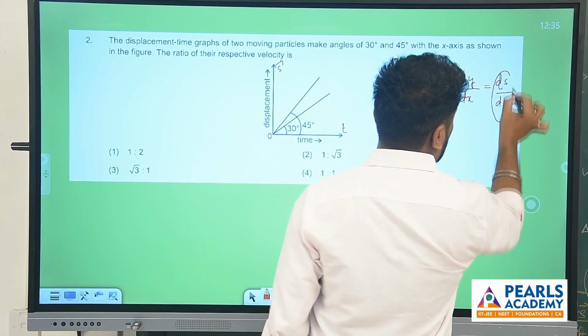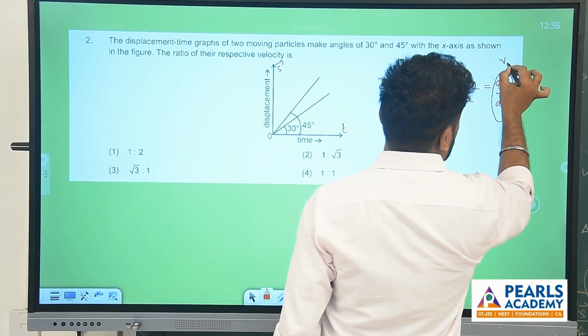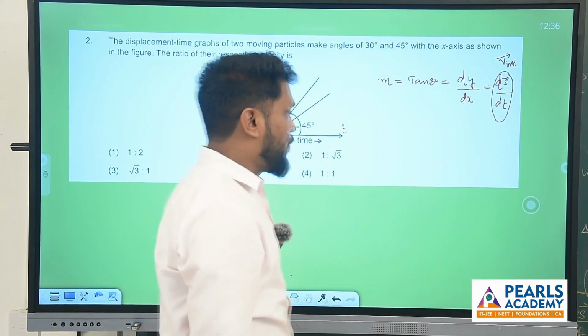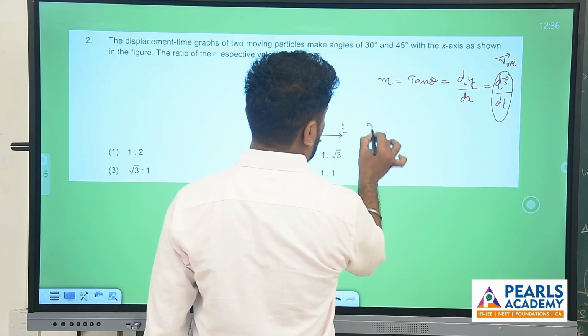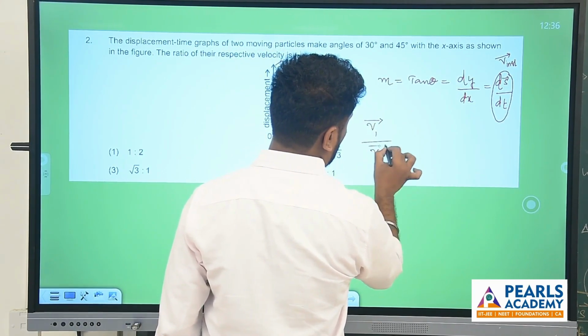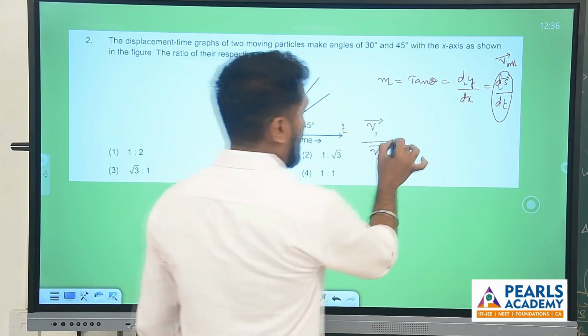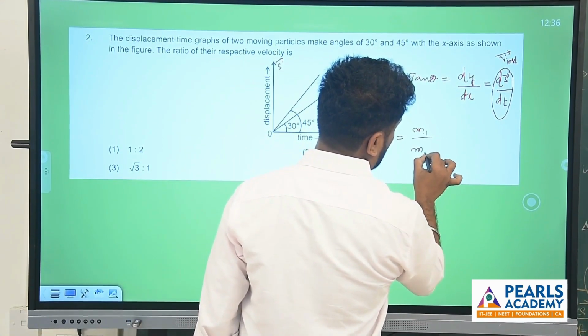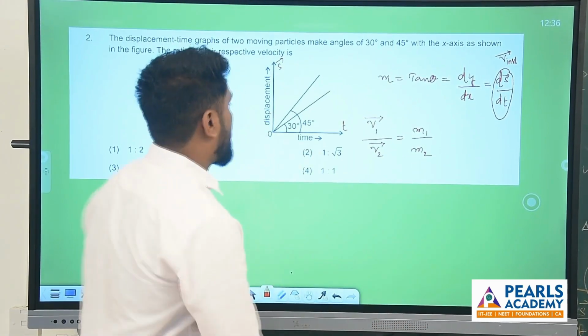So what we are calculating is nothing but instantaneous velocity only. So simply we can write the velocity of the first particle to the velocity of the second particle ratio, according to the graph, as nothing but the slope of the first graph to the slope of the second graph. What is the slope here?